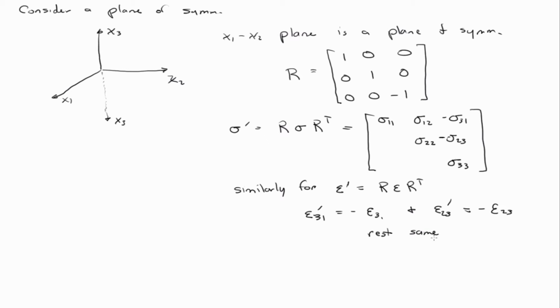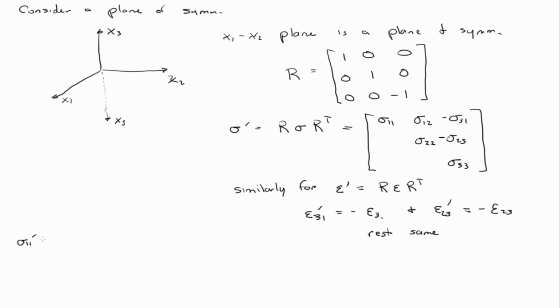So if we use these rotated values and we put them back into our generalized Hooke's law, I'm just going to write out all the terms for sigma 1, 1 prime.